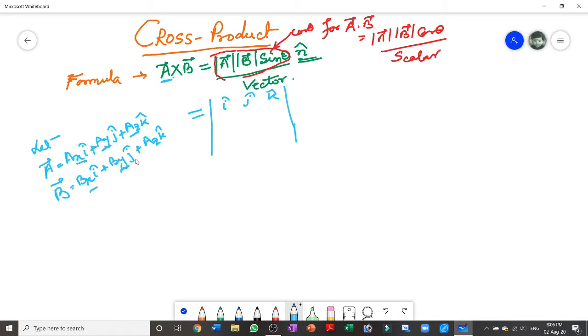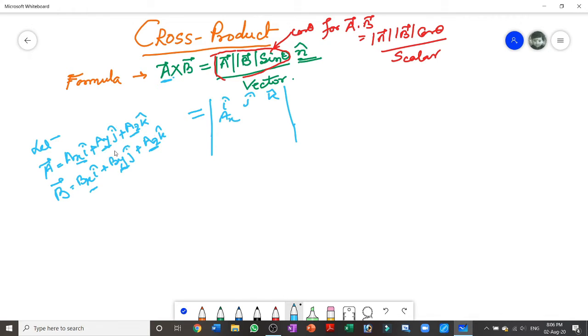So we have to write the intercepts only, and as I have already stated, the axes are the unit directional vectors, that is I cap, j cap, k cap. Since A is on the left of the cross sign, we have to write the components of A first. For I cap we have ax, so I am going to write ax here.